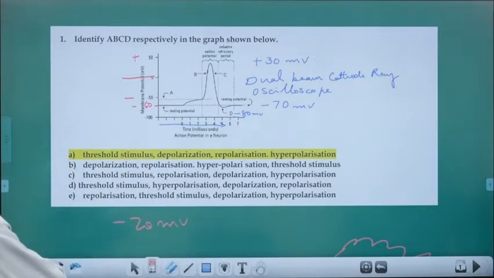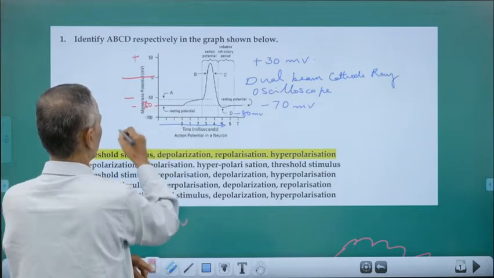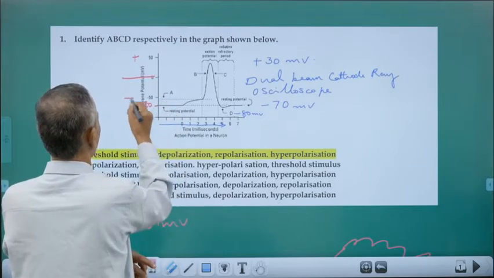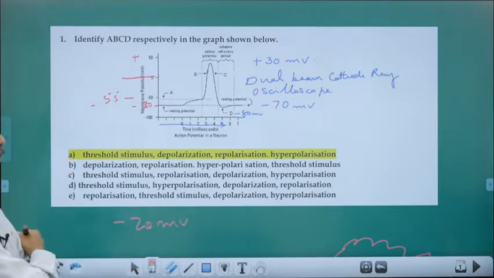Okay. So we are having, this is the resting potential. So resting potential is minus 70 and this is minus 55 to 60. Then only a neuron becomes active.